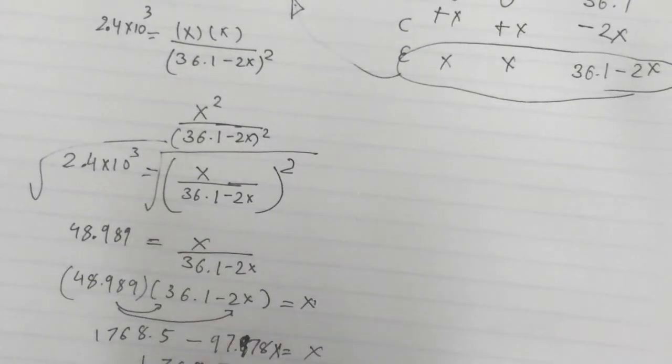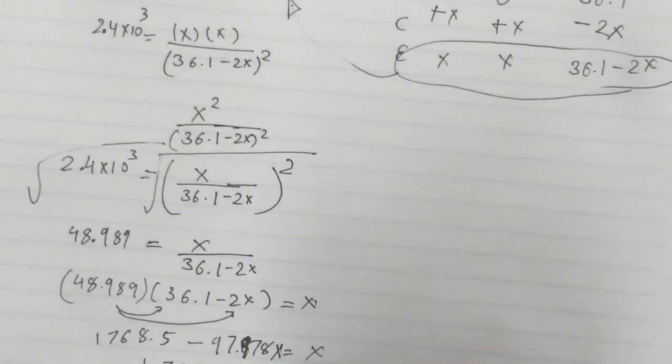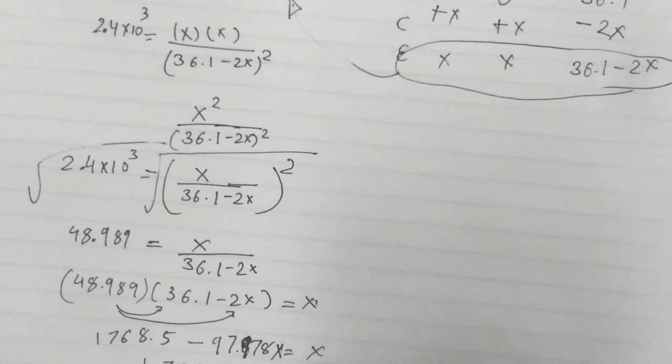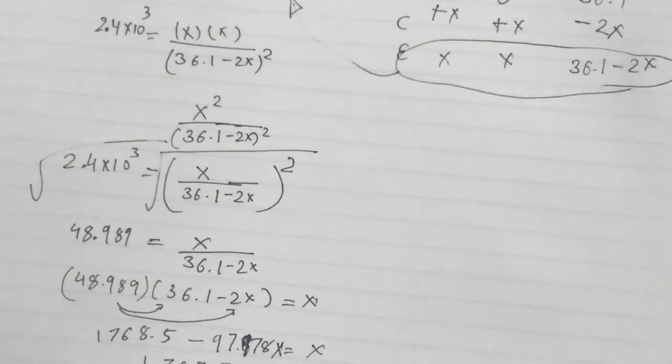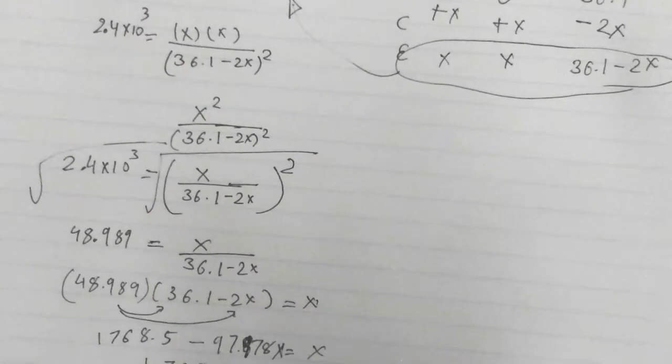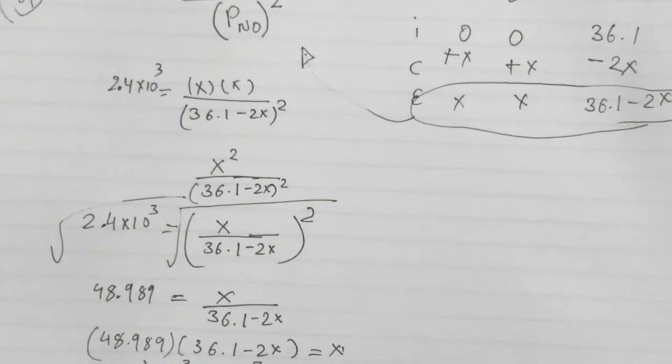Divide both sides by 98.978. X is equal to 17.86.